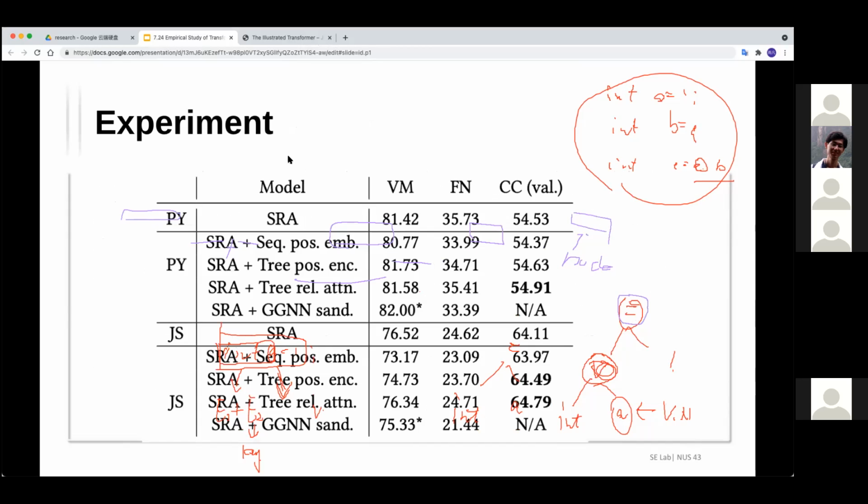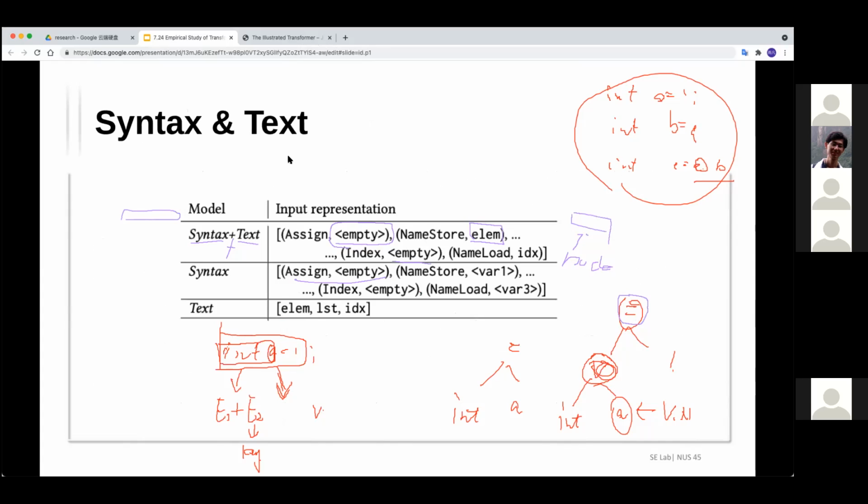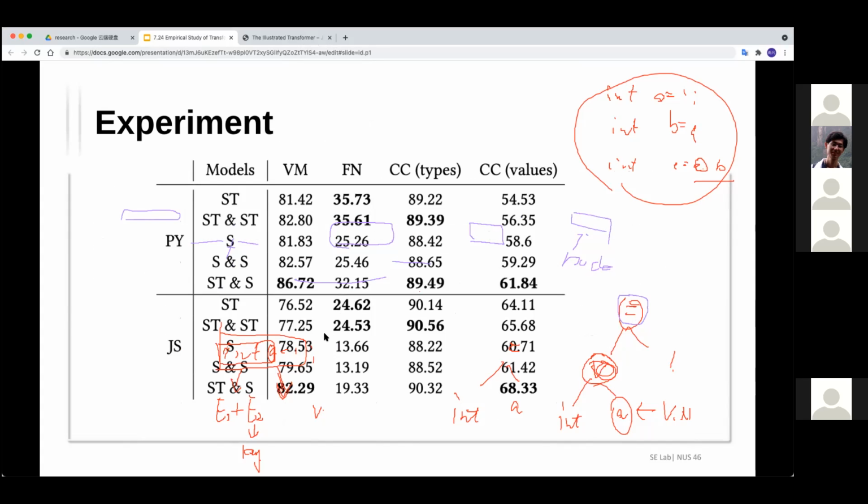Yeah, I just show here. You can say that the syntax information is the AST tree information. The text is just the original. And my point is that there's no need for us to input such a virtual node. You can see that this virtual node has two children, int and a.